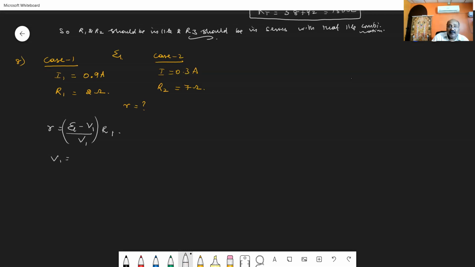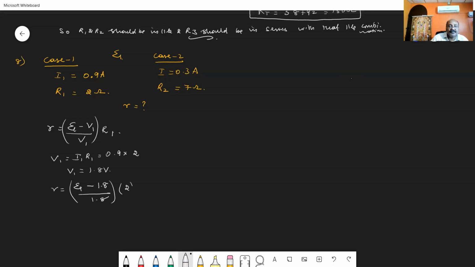What is V1? V1 is nothing but I1 into R1. I1 is 0.9. What is R1? R1 is 2. So I can write V1 is equal to 1.8 volt. Substitute in this equation, small r is equal to (EMF E minus 1.8) divided by 1.8 multiplied with R1.